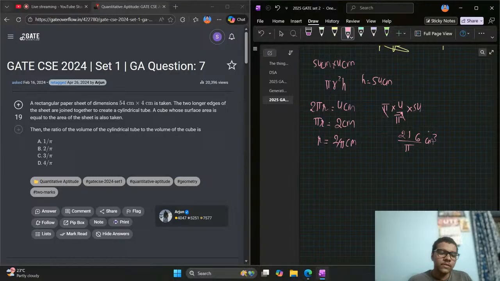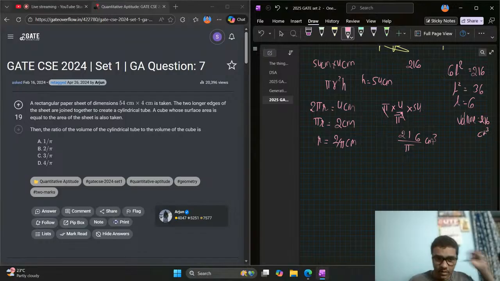A cube whose surface area is equal. What is the area of the sheet? 54 times 4 is 216. And what is the surface area of the cube? 6L squared equal to 216. And L squared is equal to 216 by 6, that is 36. So L is equal to 6 centimeters. And volume is 6 cube, 216 too.